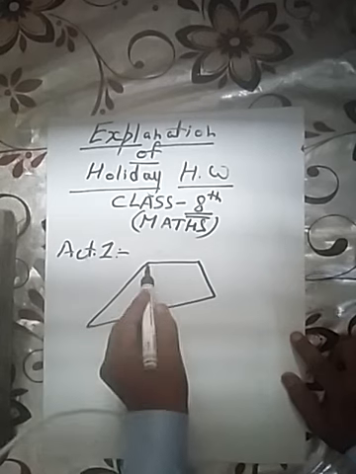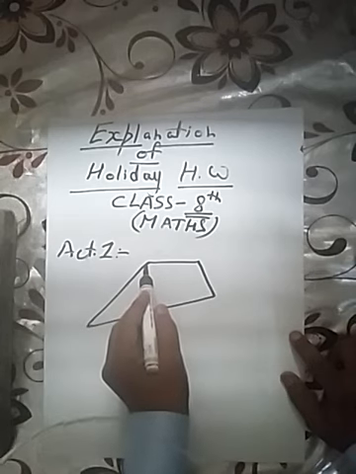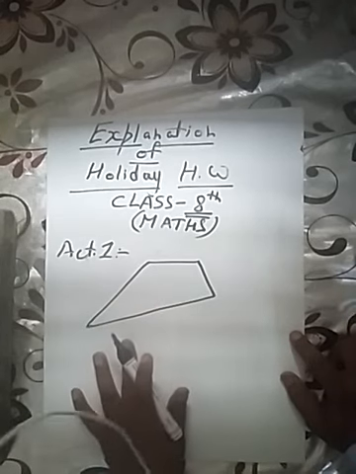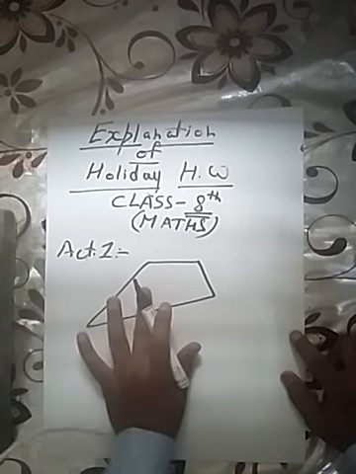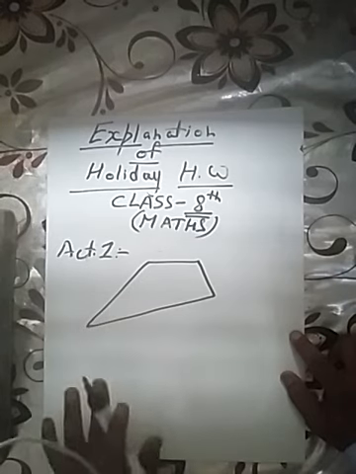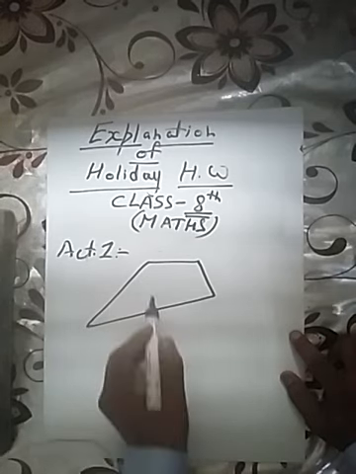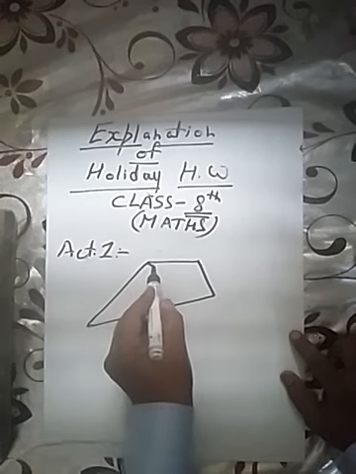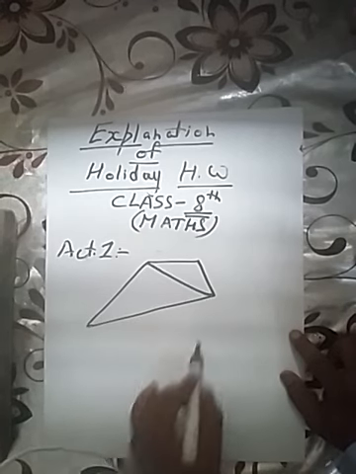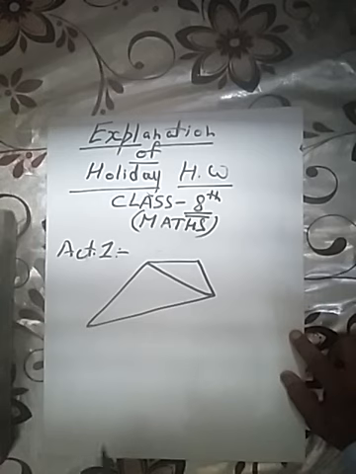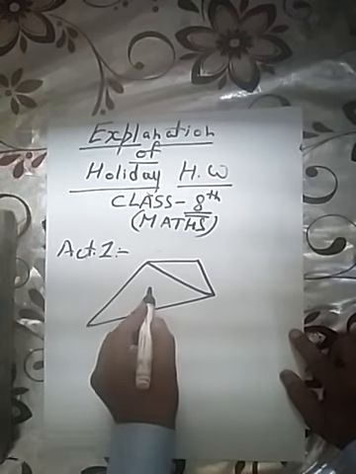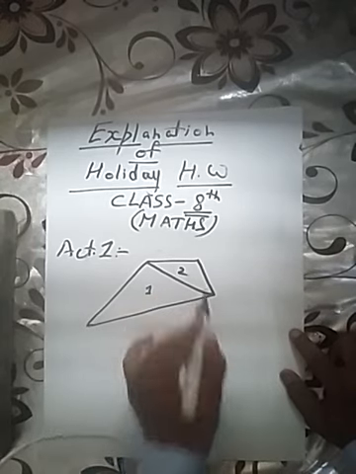So you see how you will do this. You have to draw a simple quadrilateral in your maths notebook, then divide it into two triangles by drawing a diagonal. See, this is triangle 1, this is triangle 2.